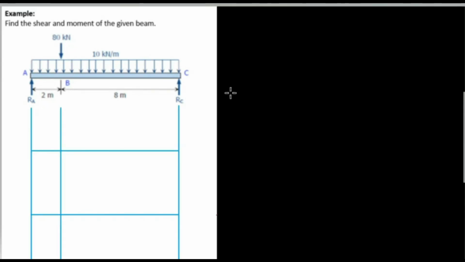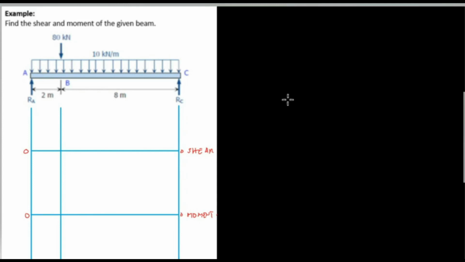So now we have a diagram, and we identify this first as shear, and we designate it as zero value shear, and the other one is moment, and also zero value.